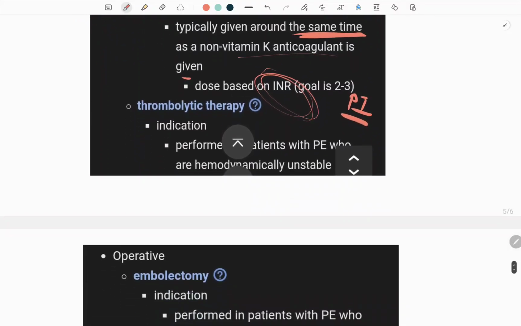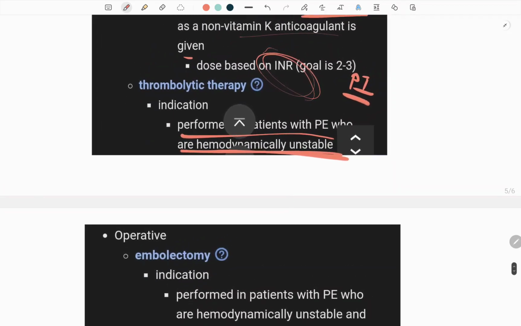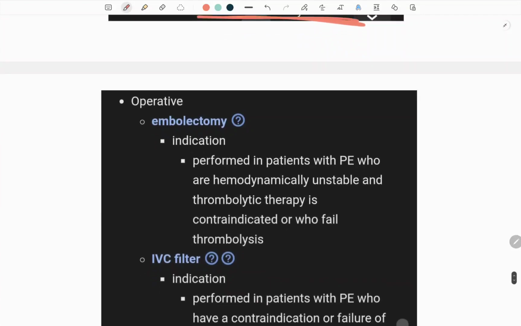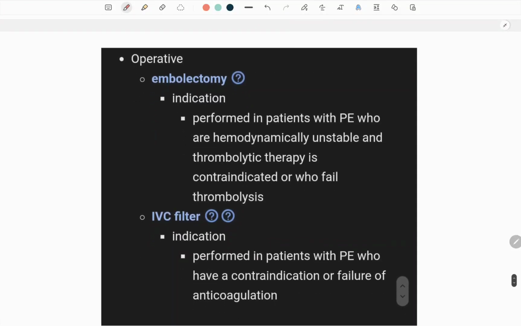The other treatment is thrombolytic therapy. It is indicated in patients with pulmonary embolism who are hemodynamically unstable. So if unstable, we can go for thrombolytic therapy. Let's talk about a few operative ones. Embolectomy is performed in patients with pulmonary embolism who are hemodynamically unstable and thrombolytic therapy is contraindicated, or who fail thrombolysis.